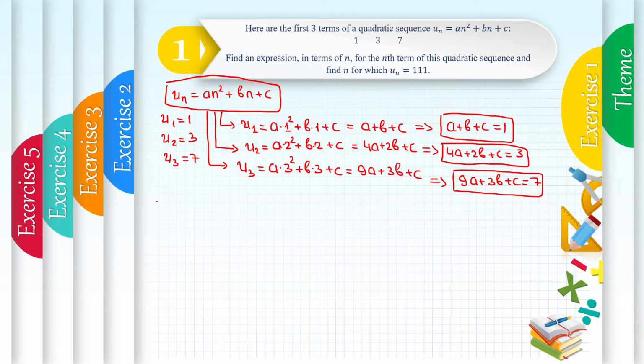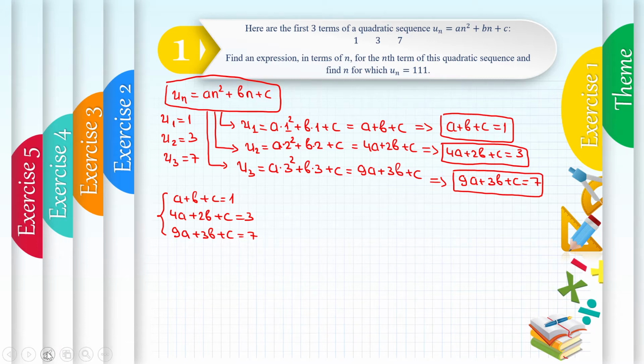And now, for finding the values of a, b, c, we have to solve this system of three equations in three unknowns. a plus b plus c is equal to 1, 4a plus 2b plus c is equal to 3, and 9a plus 3b plus c is equal to 7. So we have a system of simultaneous equations.